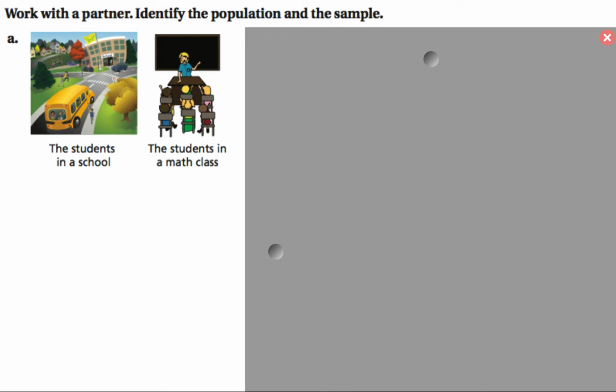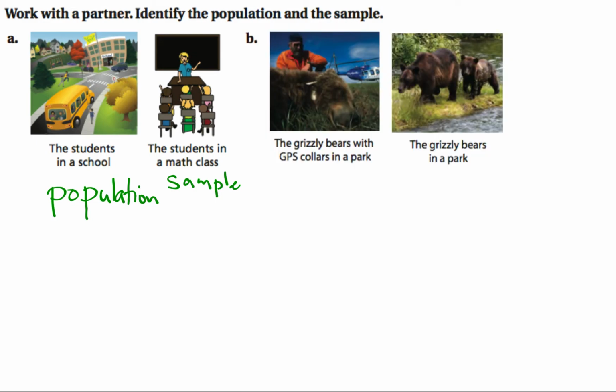Well, if we are talking about students in a school as the population, you could survey just one math class within that school to get a sample. And by the way, we'll talk later about whether that's a good sample or not. Everybody's required to take a math class, so that does help it possibly be a good sample.